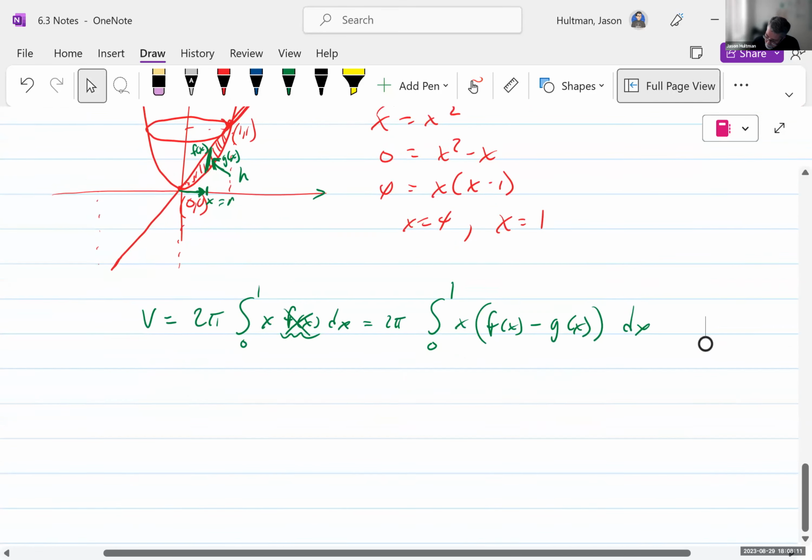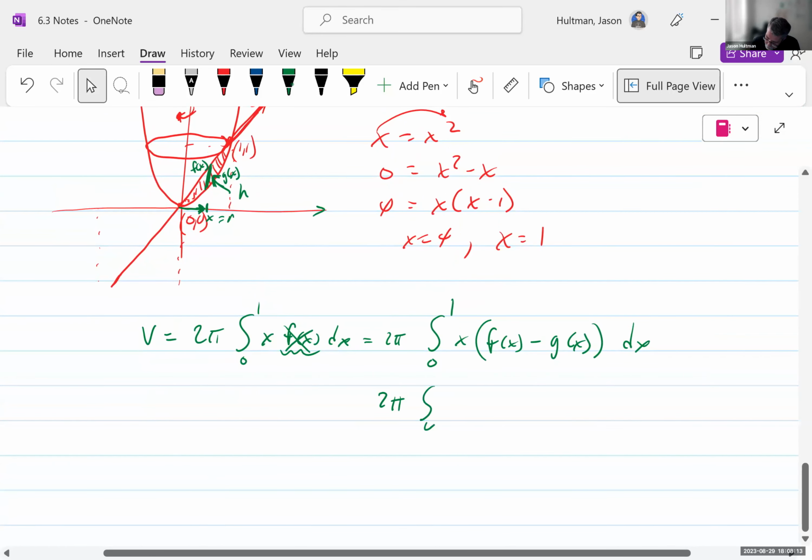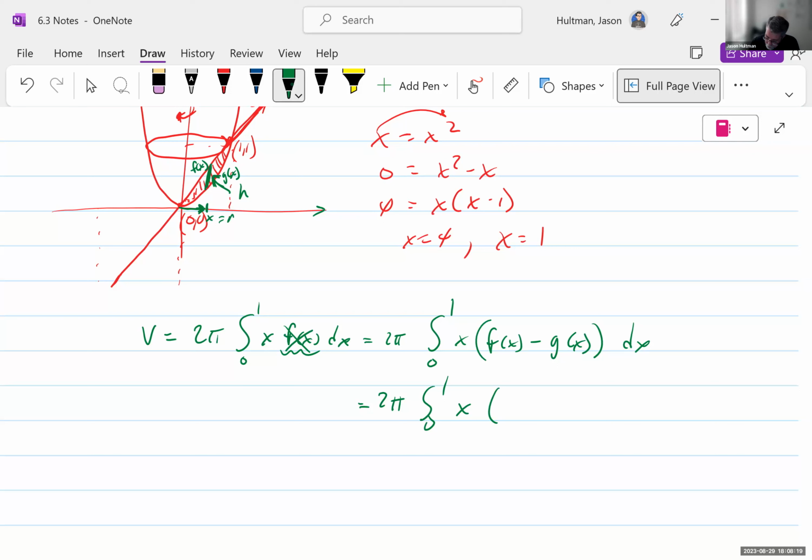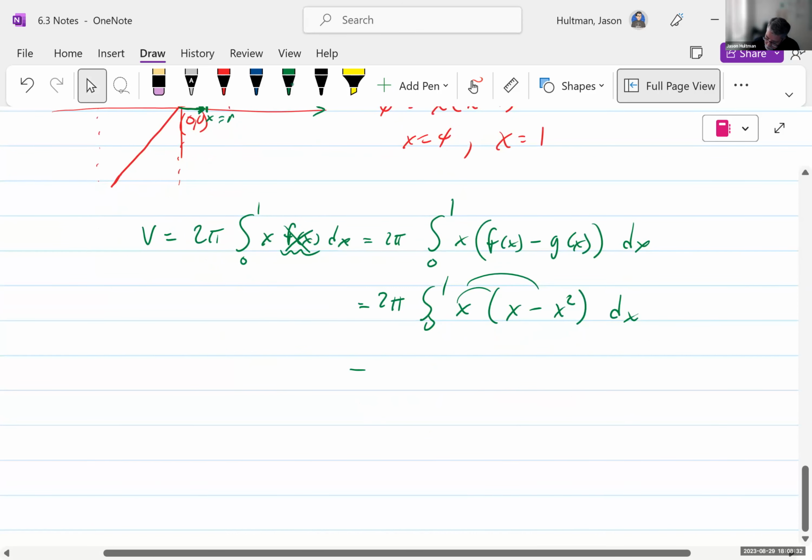And so we're going to get 2 pi times the integral from 0 to 1 of x times f of x, the top function, which is x, minus the bottom function, which is x squared, and then we get dx. Now we just go through and simplify algebraically and do the calculus, do the integration.